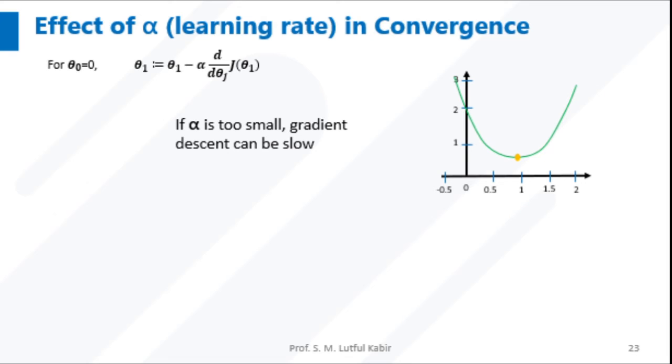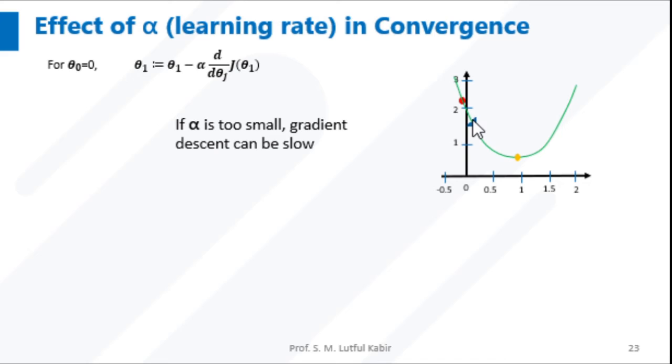Here is the curve for J with respect to theta1. And let us start at this point marked in red, which is the starting point. If alpha is very small, when it calculates the derivative at that point, that means the tangent at that point, and you multiply that derivative term with a small alpha, it will end up with a small step.